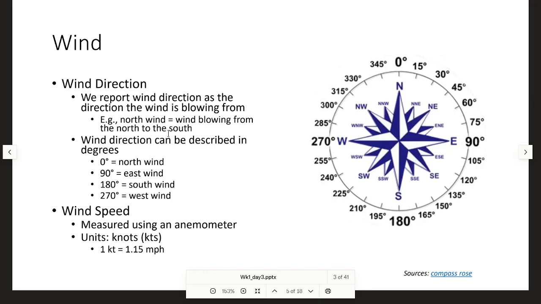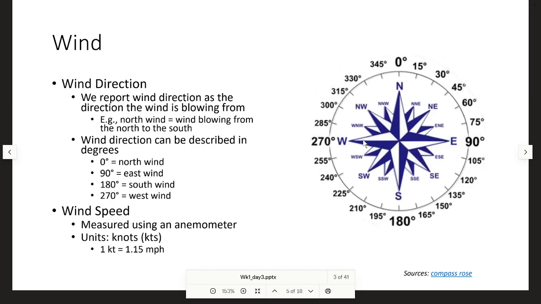So like northerly, coming from the north, going towards the south. And we use a different angle scale than regular math. So north is 0 degrees, east is 90 degrees, south is 180, and west is 270. And this is the direction the wind is coming from. So if the wind is coming from 270, it is a westerly wind.